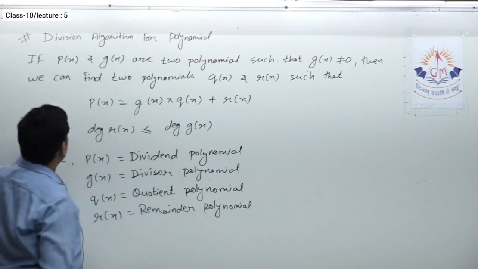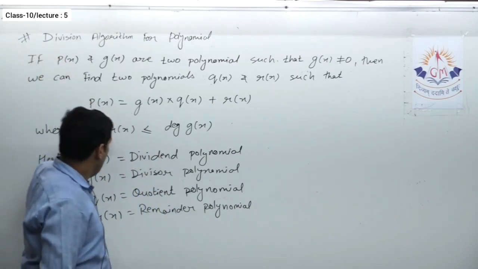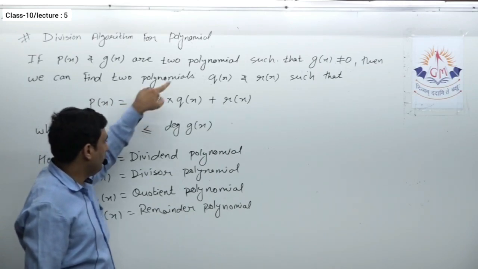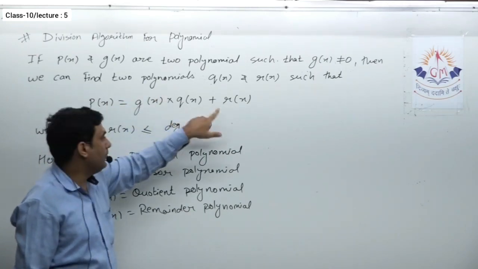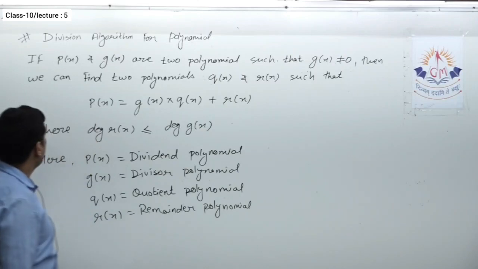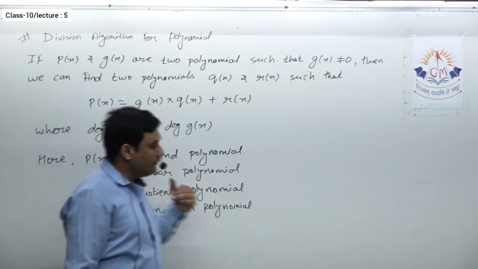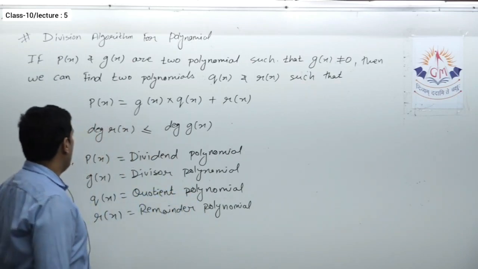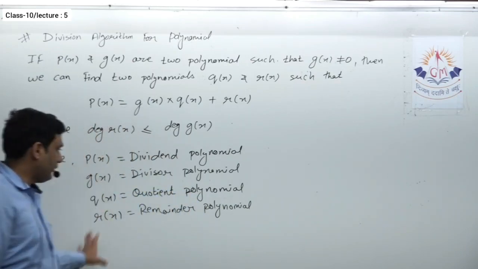So we can say, according to the division algorithm, dividend polynomial is equal to divisor polynomial multiplied by quotient polynomial plus remainder polynomial. So this is the division algorithm theoretically. Now we'll see how to apply this to divide a polynomial by another polynomial. But first of all, note it down.